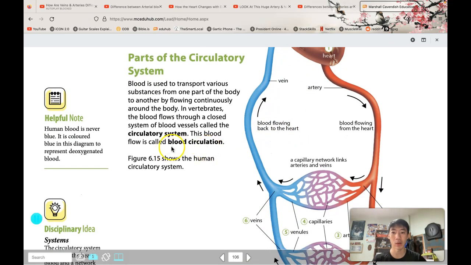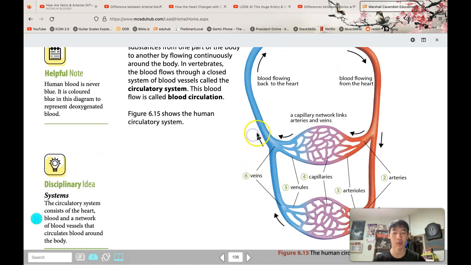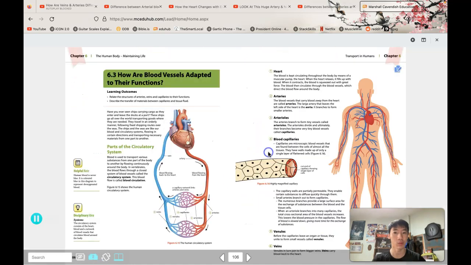This is known as your blood circulation. Now, even though these veins are colored in blue, it is important to remember that human blood is not blue. It's simply colored this way to represent deoxygenated blood. It's just a darker red instead of blue.